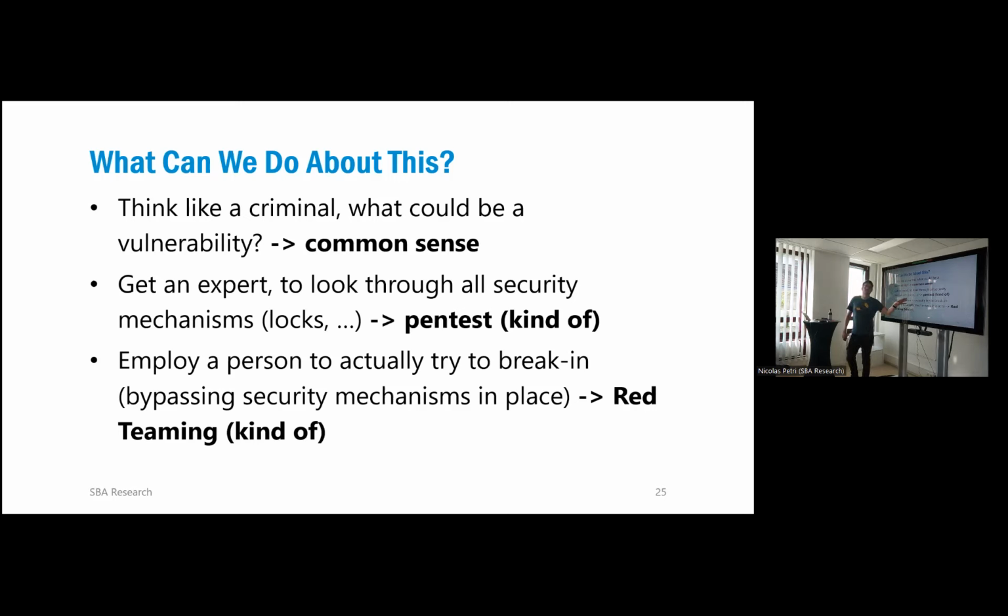And the last one is kind of red teaming, because we actually employ somebody to do a real life attack. I will go a little bit more into what red teaming is later, because right now I think it's not so clear yet, or at least what matters is not so clear.